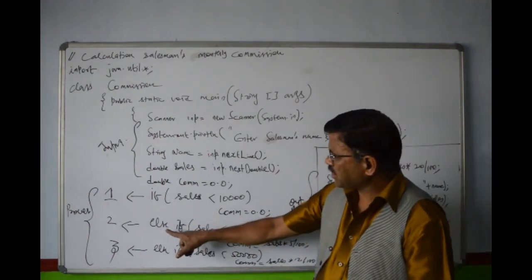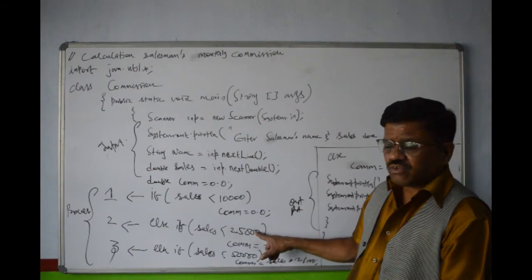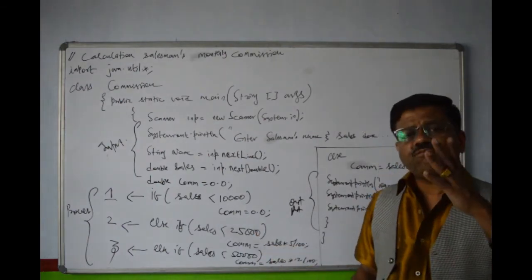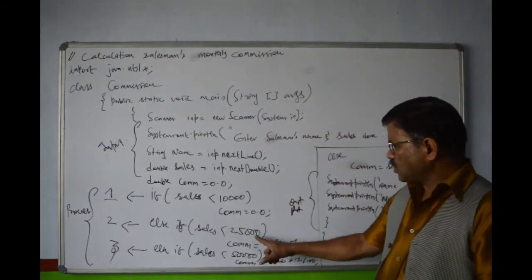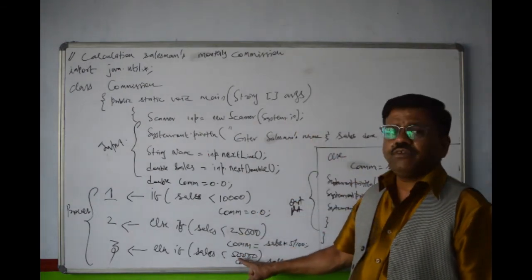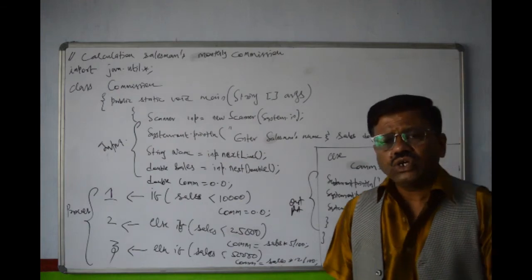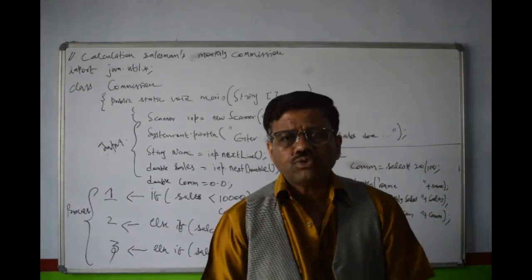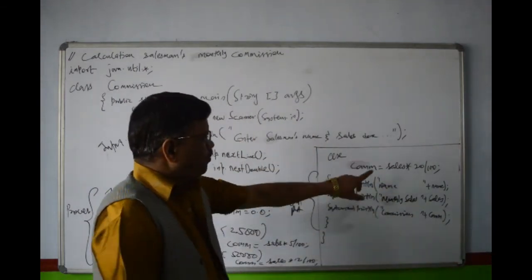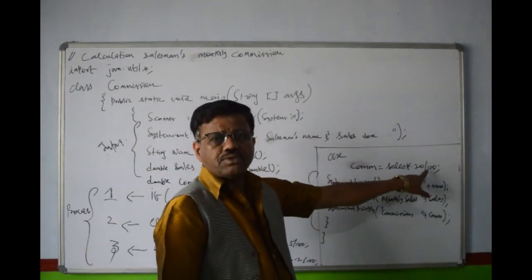If it is 10,000 to less than 25,000, you are entitled to get 5% of your sales. If it is over 25,000 and less than 50,000, you are entitled to get 12% of your sales. If you do much more than 50,000, you will be entitled to get 20% of the sales.